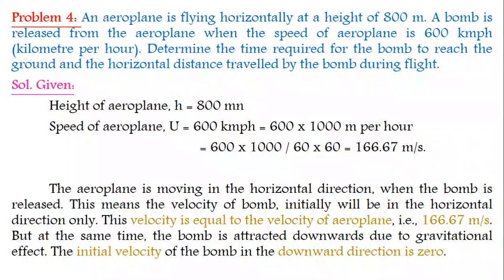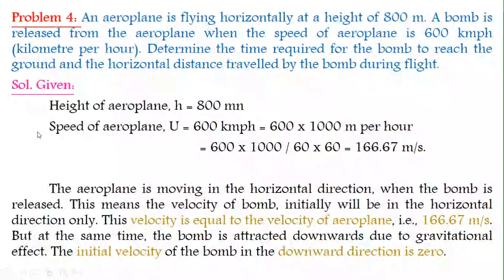And the second one is the horizontal distance traveled by the bomb during the flight. Some distance the bomb moves in the horizontal direction. That we will see later in the solution.